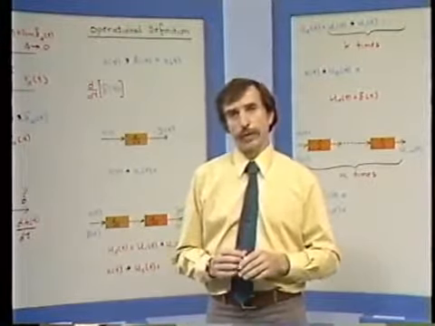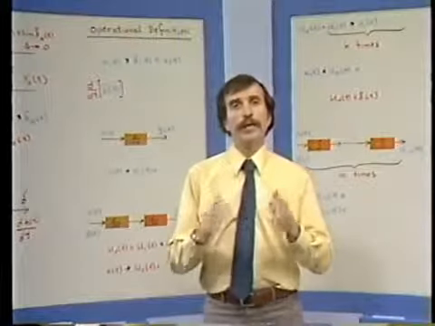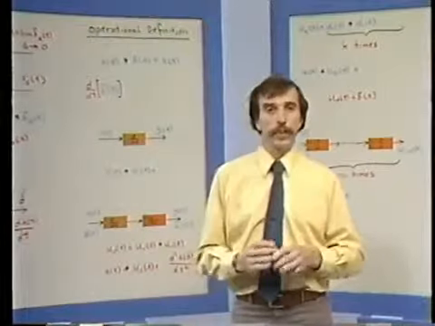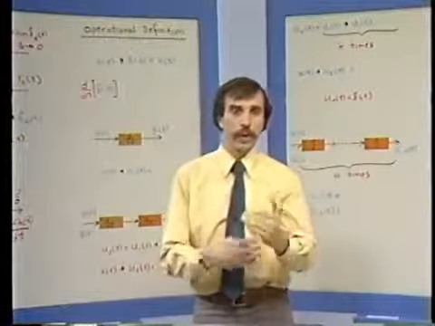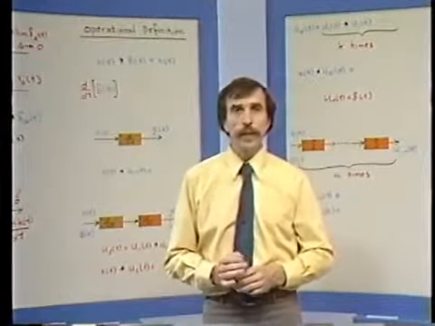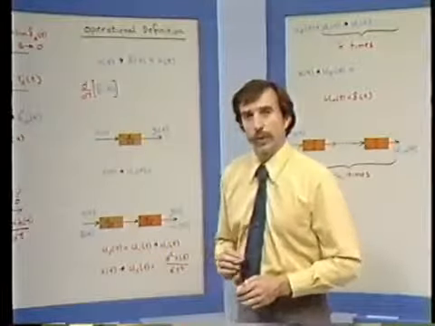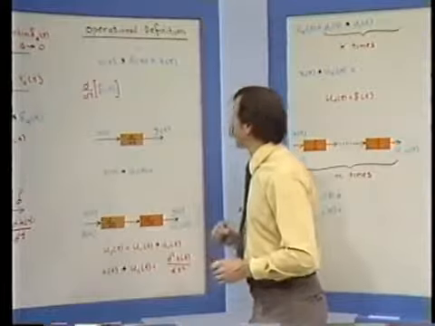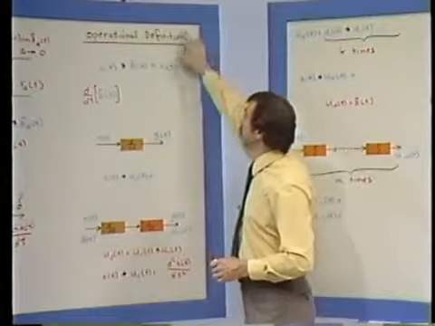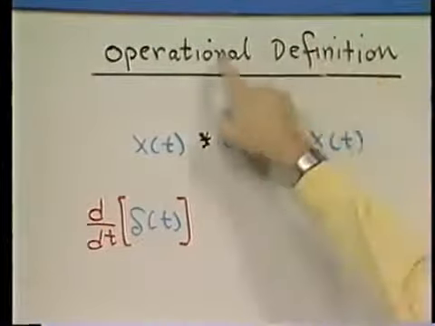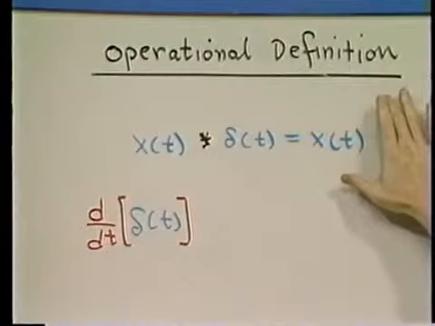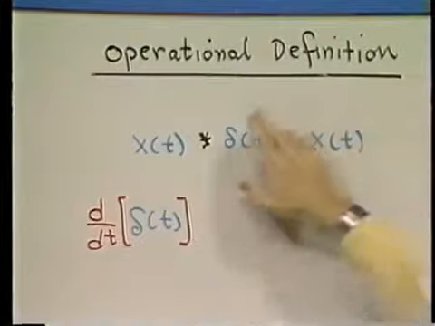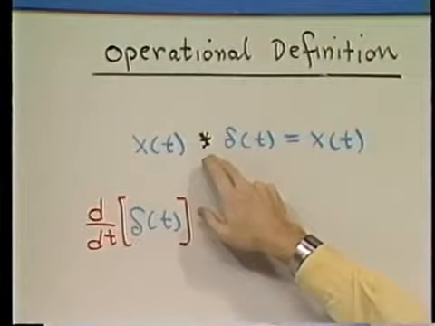Usually when we talk about a function, we talk about what the value of the function is at any instant of time. And of course, the trouble with an impulse is it's infinitely big and zero width and has some area, etc. What we can turn to is what is referred to as an operational definition, where the operational definition is related not to what the impulse is, but to what the impulse does under the operation of convolution.